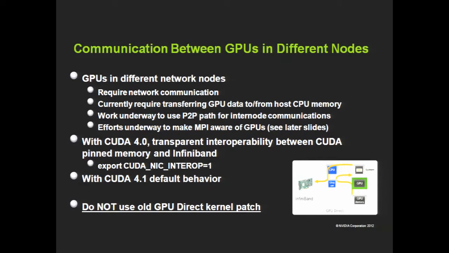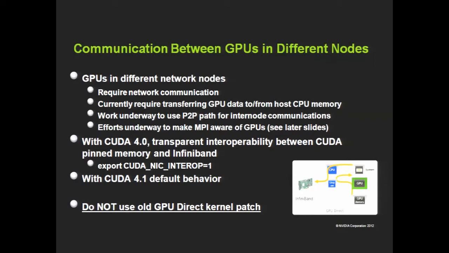In CUDA 4.1, we introduced a new feature called CUDA IPC. I mentioned before that single threads can share multiple GPUs or communicate via peer-to-peer with the GPUs. The IPC mechanism allows peer-to-peer communication between multiple CPU threads, which handle multiple GPUs inside the node.